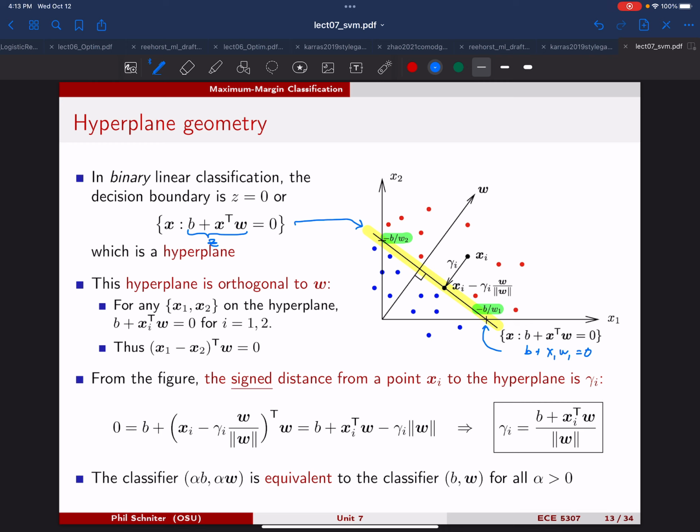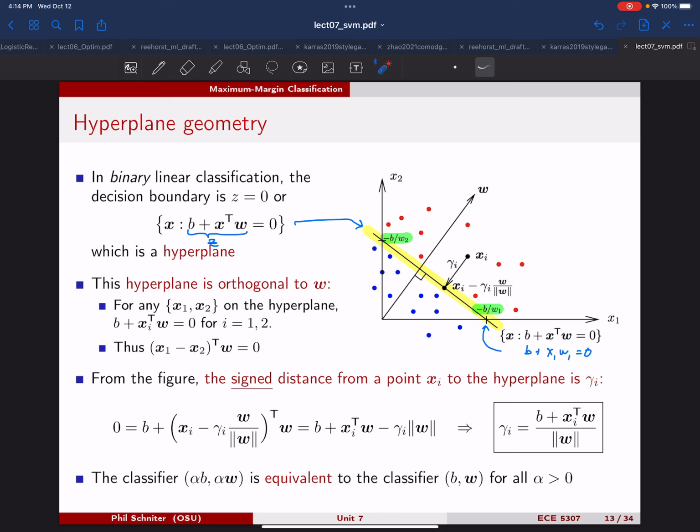Rearranging that equation, x1 must be minus b divided by w1. So the boundary crosses the x1 axis at minus b over w1. Similarly, it crosses the x2 axis at minus b over w2. Or for any j, it crosses the xj axis at minus b over wj. That's another little thing we can notice in the figure.